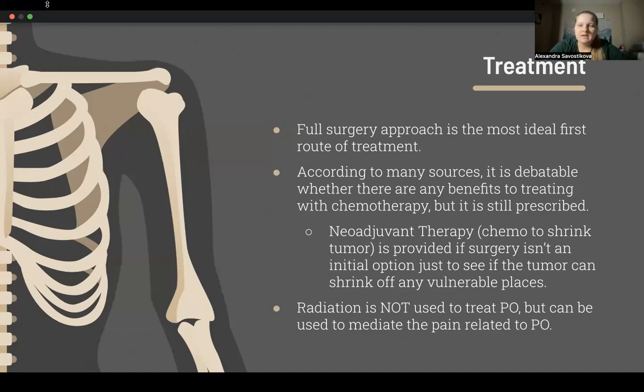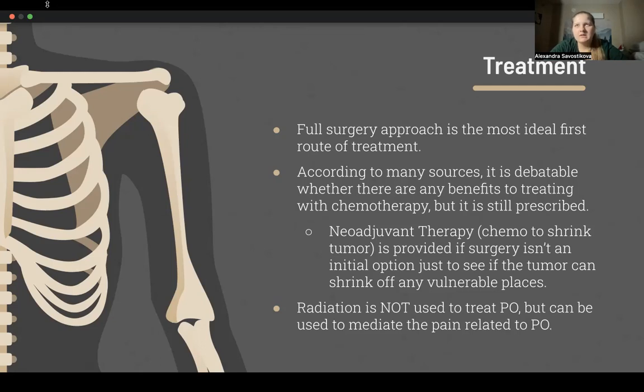In the case that it isn't localized and has spread and rooted itself farther into the bone or made it difficult to remove at the time, regardless of what that may be, options do include chemotherapy. And so it is neoadjuvant therapy.